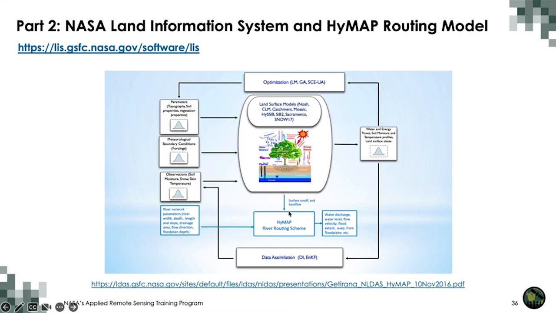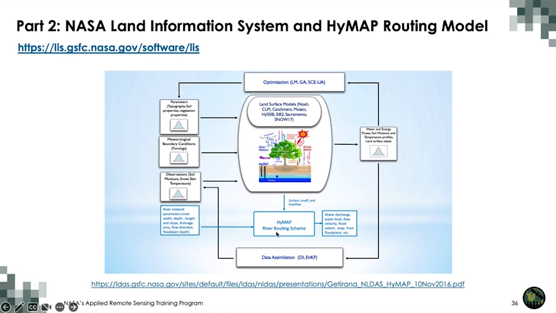So HIMAP is a routing scheme. The LIS output of surface runoff and base flow is given to the routing model, and river network information is also provided here, including width, depth, length, slope, etc., and drainage conditions, of course.